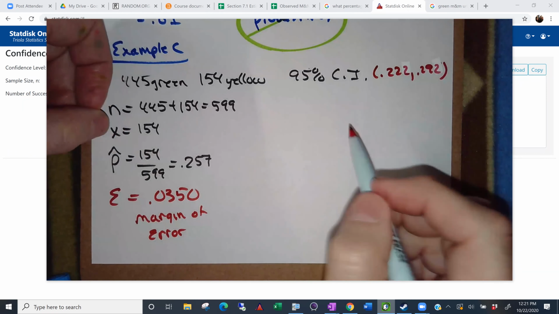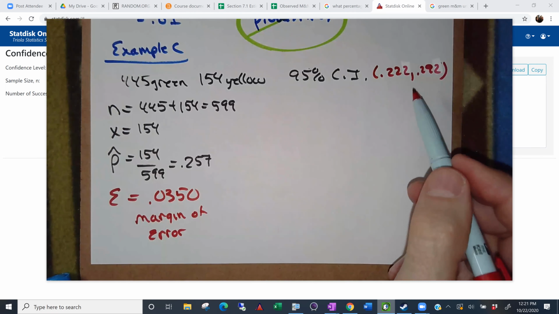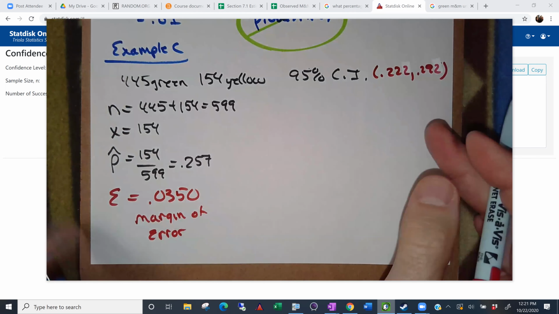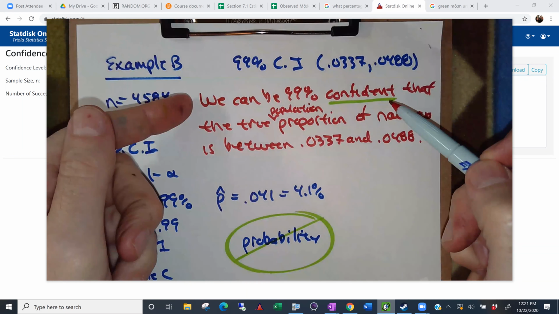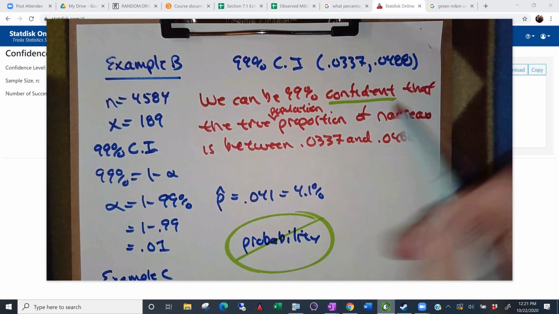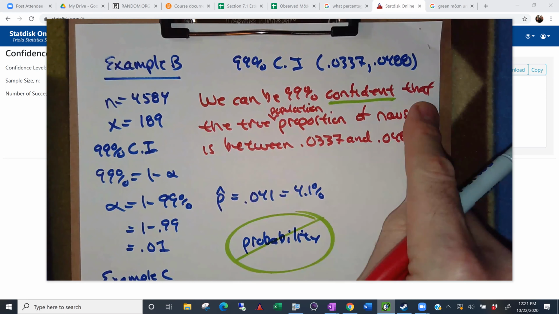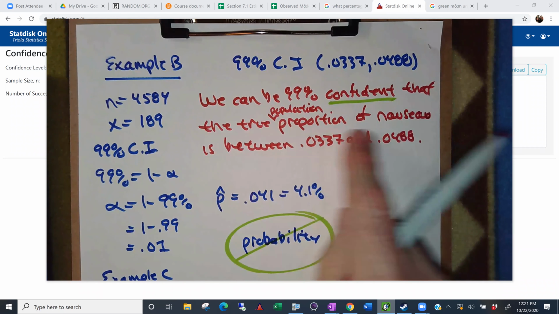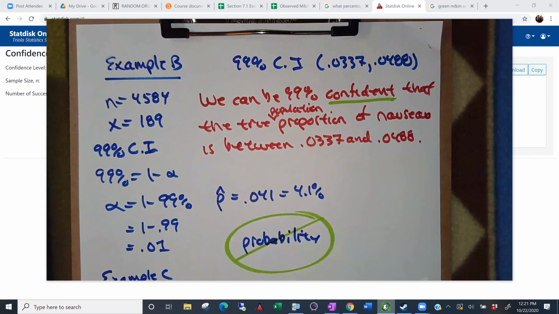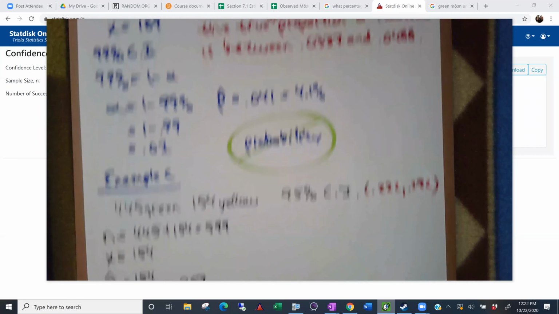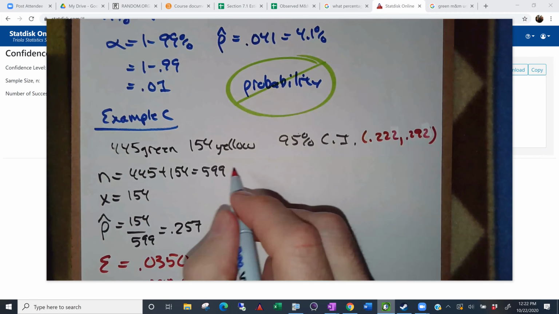And now I need to write a conclusion, just like I did up here. We can be 95% confident that the true population proportion of yellow peas. You're going to do it kind of in a cookie cutter fashion. Start out by stating the level of confidence.